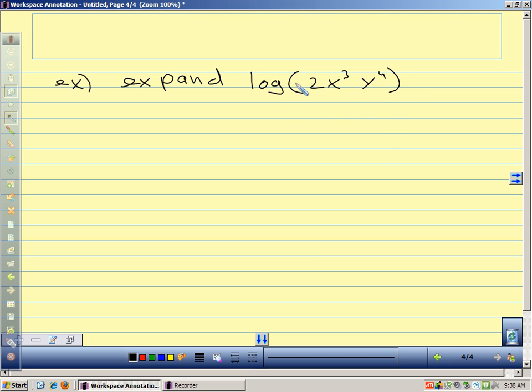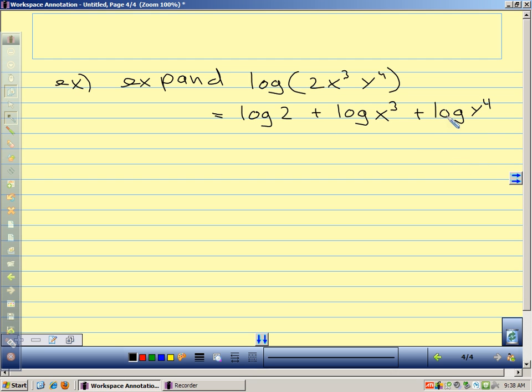So we have a bunch of numbers multiplying each other here. So our properties of logarithms tell us we can split this up into a sum of logarithms. So this equals, I'm going to split it up into a sum, log of 2 plus log of x to the third plus log of y to the fourth.